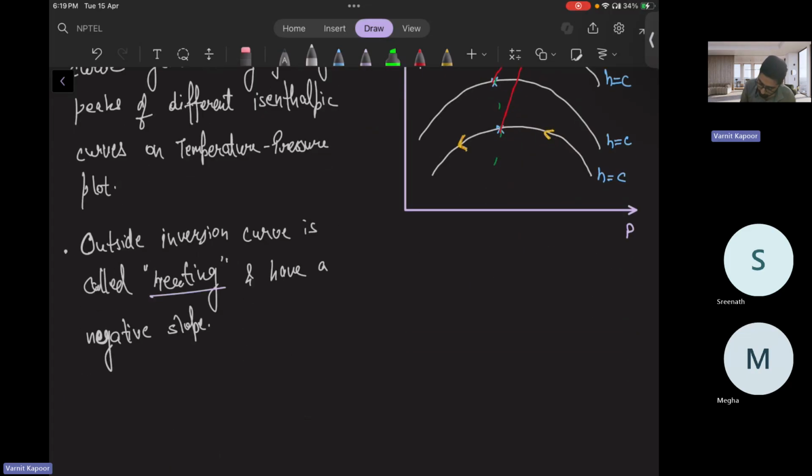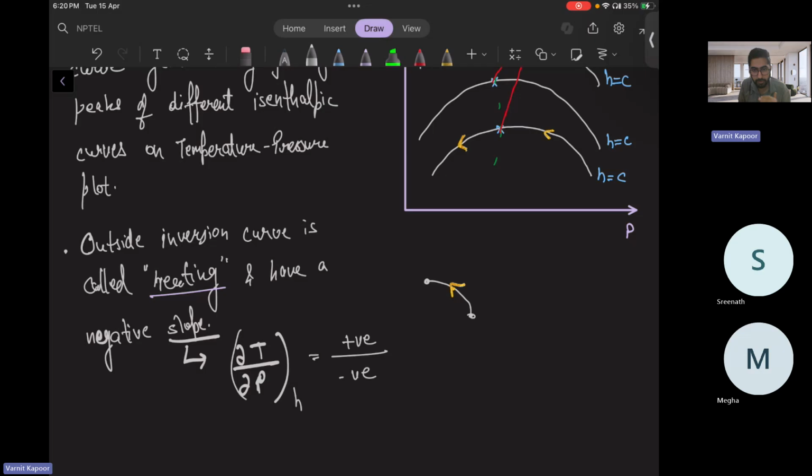So if your process is going from this state to this state during the heating process, your slope is ∂T/∂P at constant enthalpy. Temperature is rising, so the final temperature is higher than the initial temperature. That means it's a positive value. Whereas pressure is dropping, so the final value is less than the initial value. That is negative. So positive over negative is eventually a negative value. So the slope is negative. Your Joule-Thomson coefficient is negative.